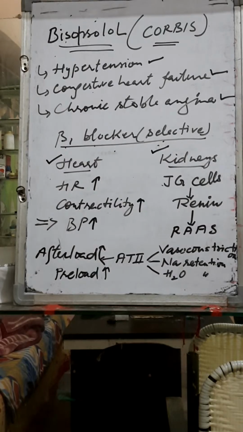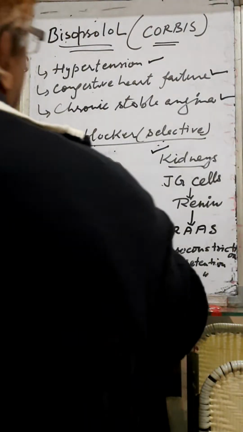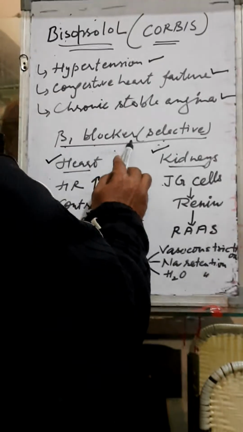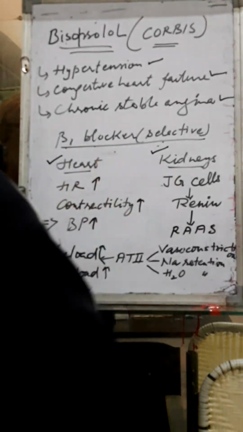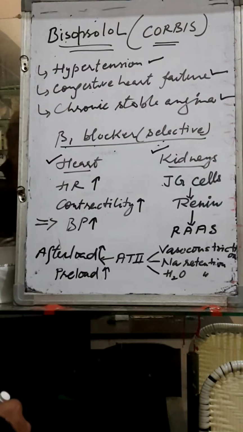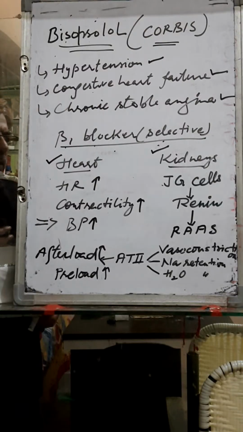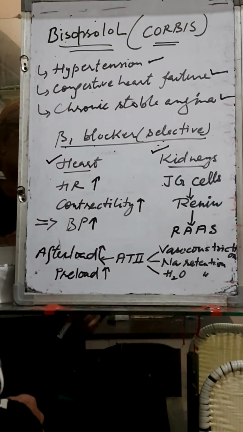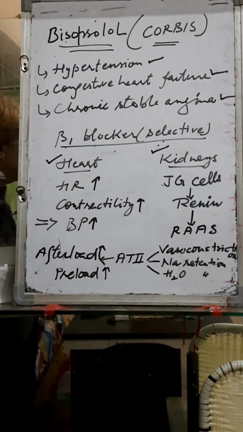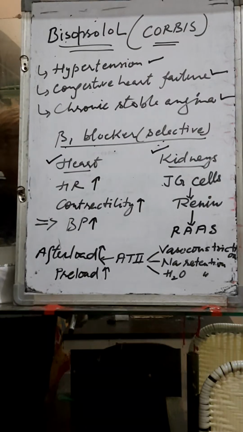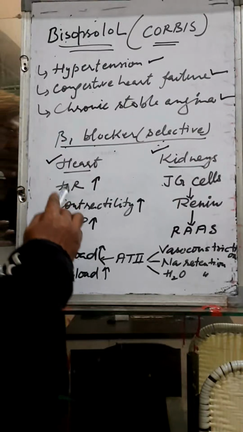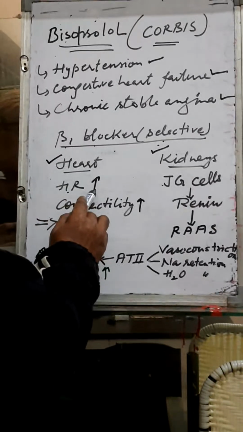So let us see how these receptors work. Before we understand the function of this beta 1 blocker, let us understand normally what is the action of beta 1 receptors. When these beta 1 receptors are stimulated in the heart, they increase the heart rate.